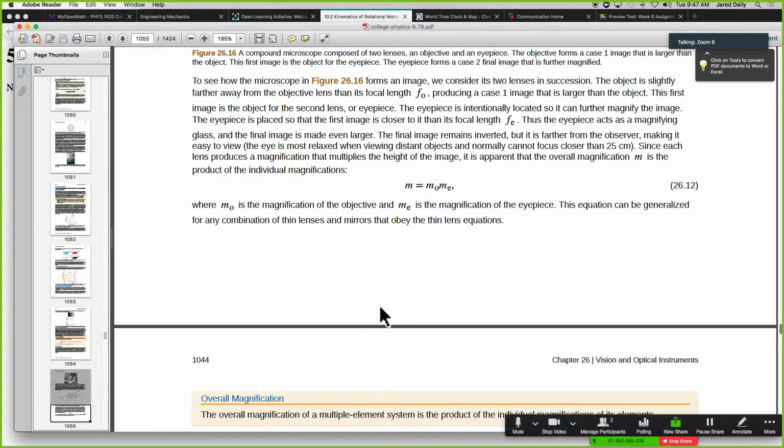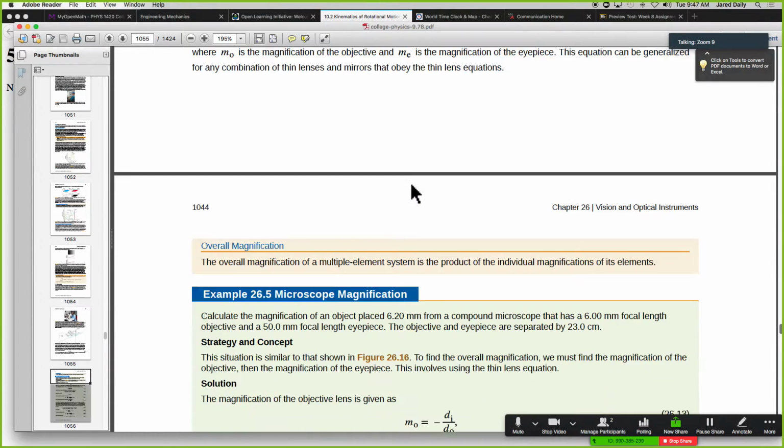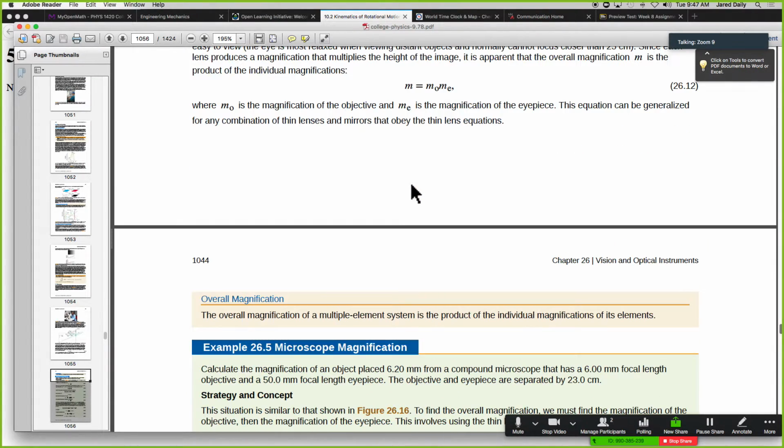When it comes to microscopes and telescopes, we often talk about magnification instead of focal length or anything else. And with multiple lenses, you have to talk about the magnification of the objective and the magnification of the eyepiece together. When you multiply them, that gives you the overall magnification of the instrument, of the microscope in this case.